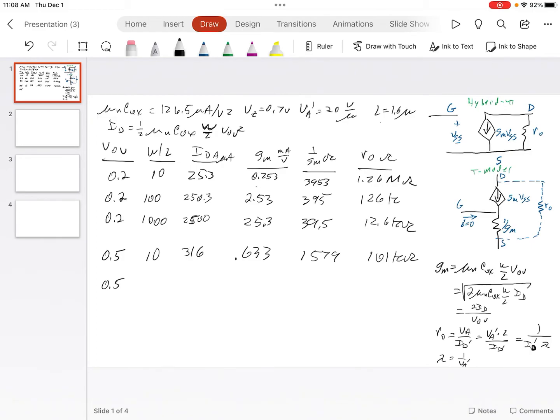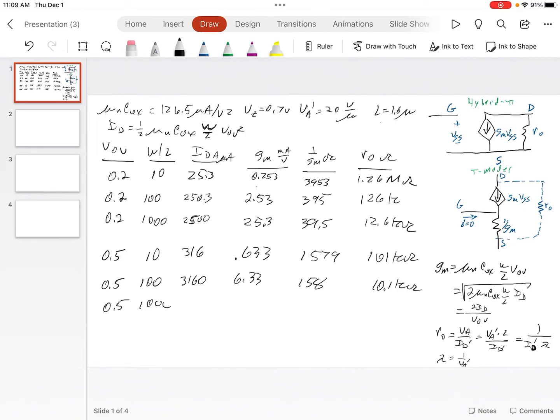For the same V_ov, which is actually a pretty big value, if we have 100 for W over L, then we've got 3,100 microamps current and 6.33 milliamps per volt. Our 1 over gm is getting quite reasonably small now, 158, and r_o is 10.1K, which is not a good thing.